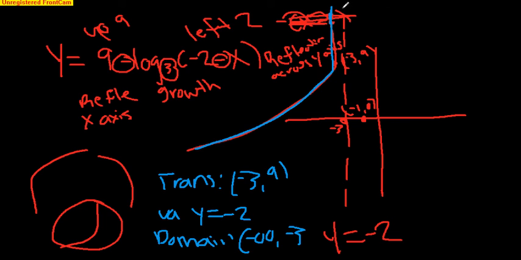But on these vertical asymptotes, you have to know that for dotted lines, you always put a parentheses, because it keeps on going. And then the range, always -infinity, +infinity for all logarithmic equations.